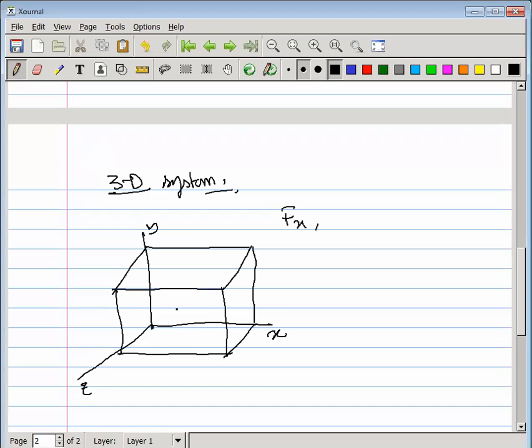Fx means the force is along this direction. And Fy means, see, this is your Fx, this is your Fy.